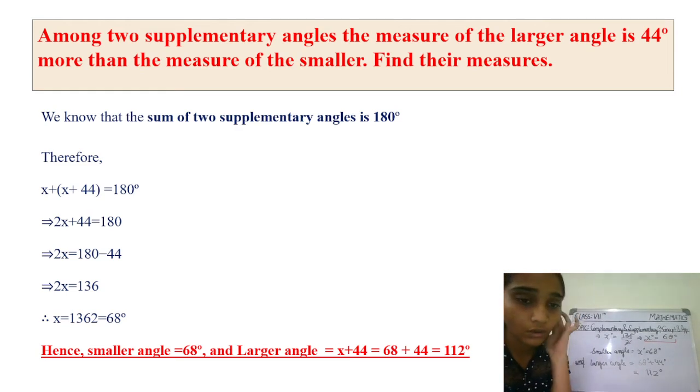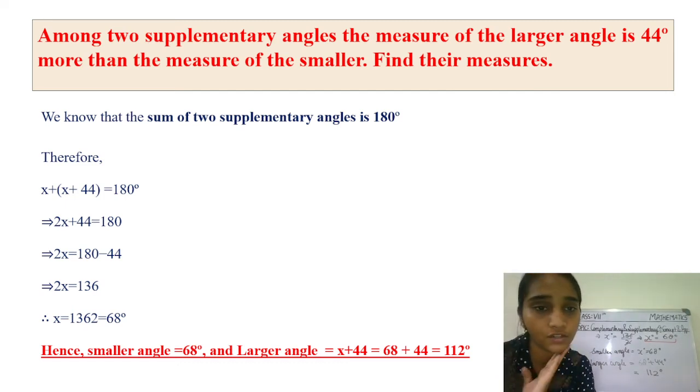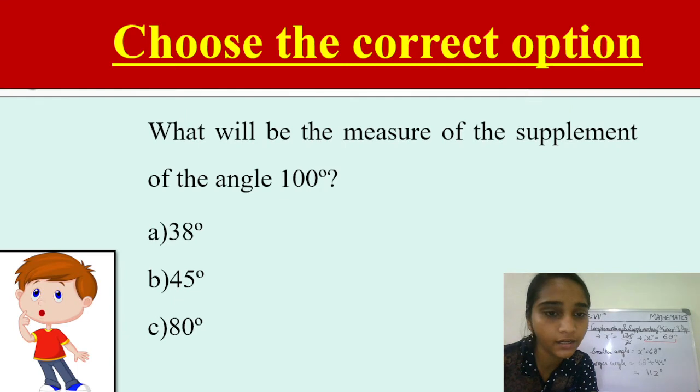You can note it down, or you might have noted it down side by side with me. In this way we can solve this question. I hope this is clear to you. Very good. Let's proceed ahead.